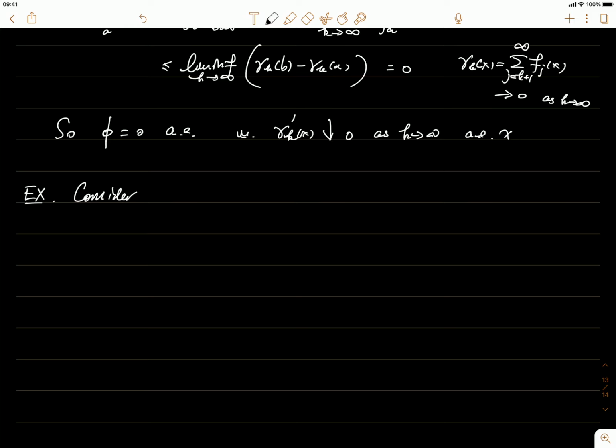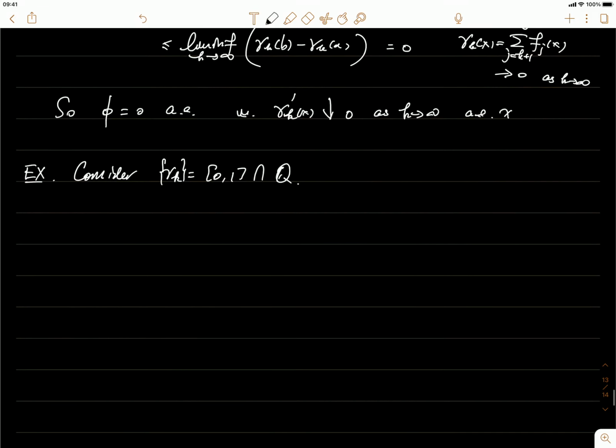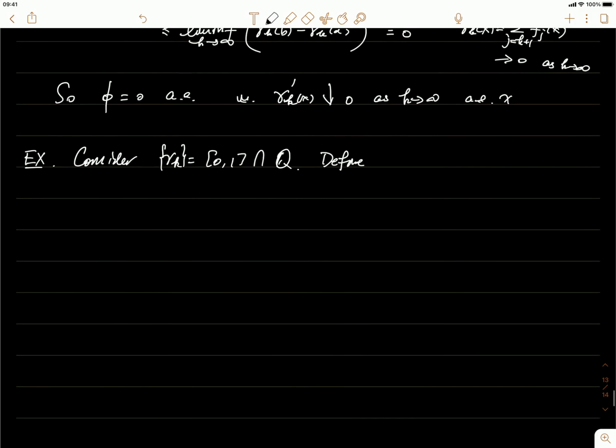So for this example, let's consider the set of rational numbers in [0, 1]. Let's say this is the set of rational numbers between 0 and 1. Then, since we enumerated them as r_k, we define f_k to be a step function.